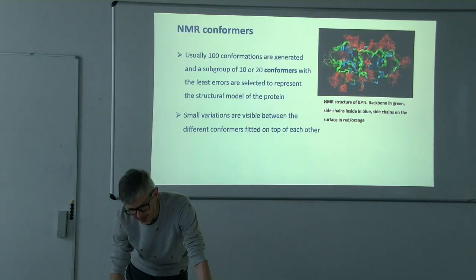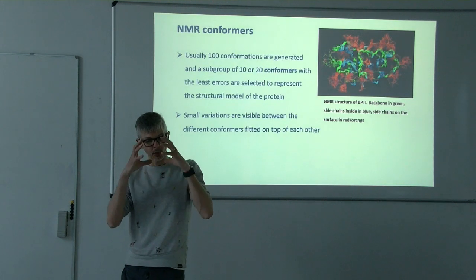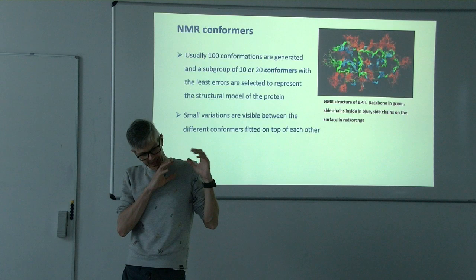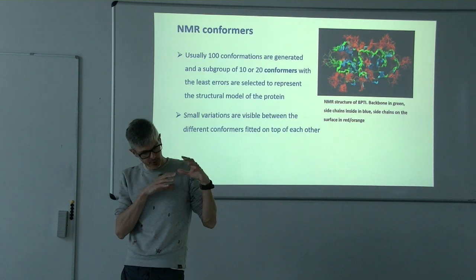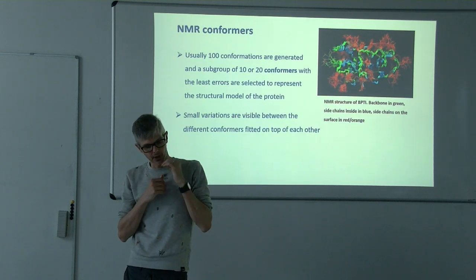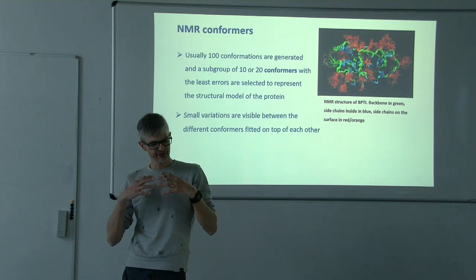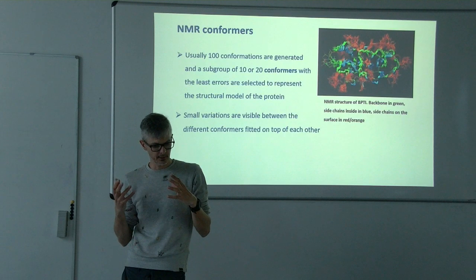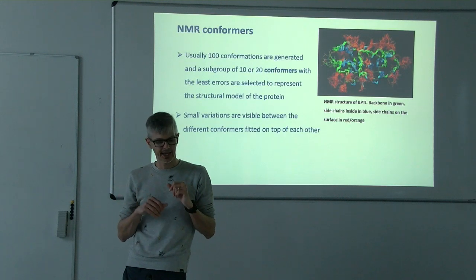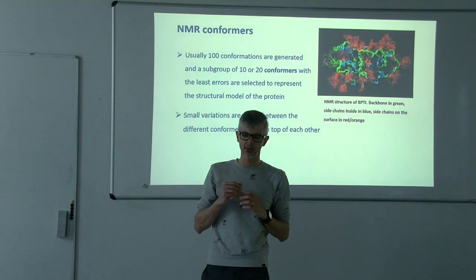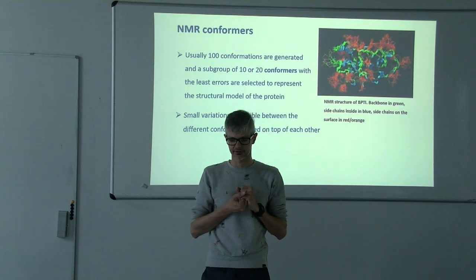Now what you get there is you don't get one structure or one measurement actually. Normally from an X-ray structure you will only get one model. If you measure NMR, you get what we call conformers, so different kinds of conformations, typically about 100. And then if you look into PDB and you visualize, you often see 10 or 20 of these conformers.